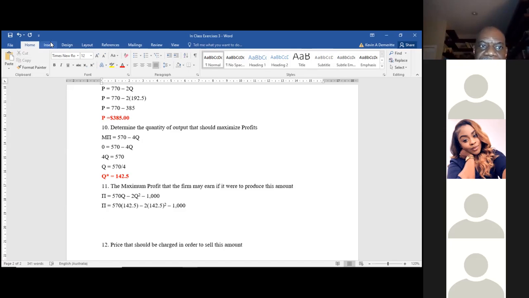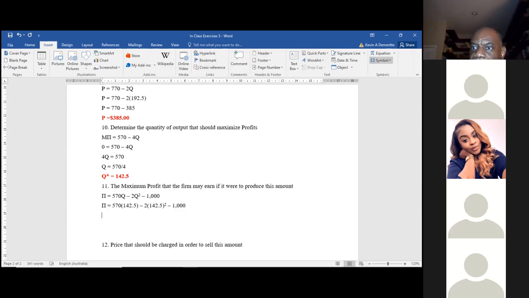So then let's insert. So profit equals, what's 570 times 142.5? Don't forget the comma. 81,225. And 2 times, what's 142.5 times 142.5? 20,306.25, close brackets, minus 1,000.